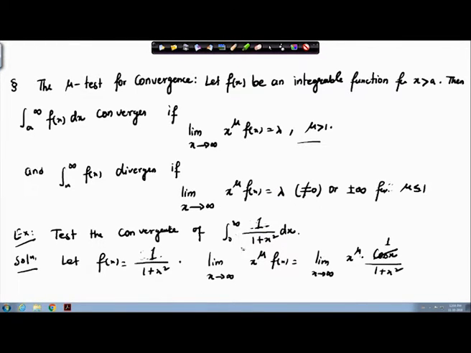So, let us say you have an improper integral of this type. We multiply by x to the power mu to the function f(x), and then I am evaluating this limit.